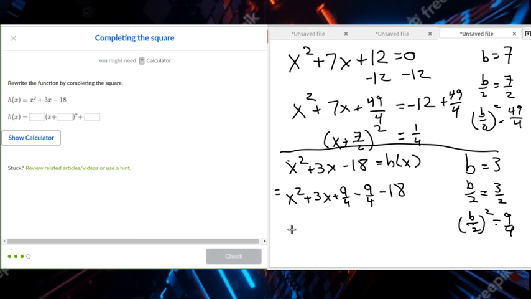So this is going to come out to be this b over 2 term, 3 halves squared, and let's see, 18 times 4 is 72, so negative 72/4 minus 9/4 is my 81/4.